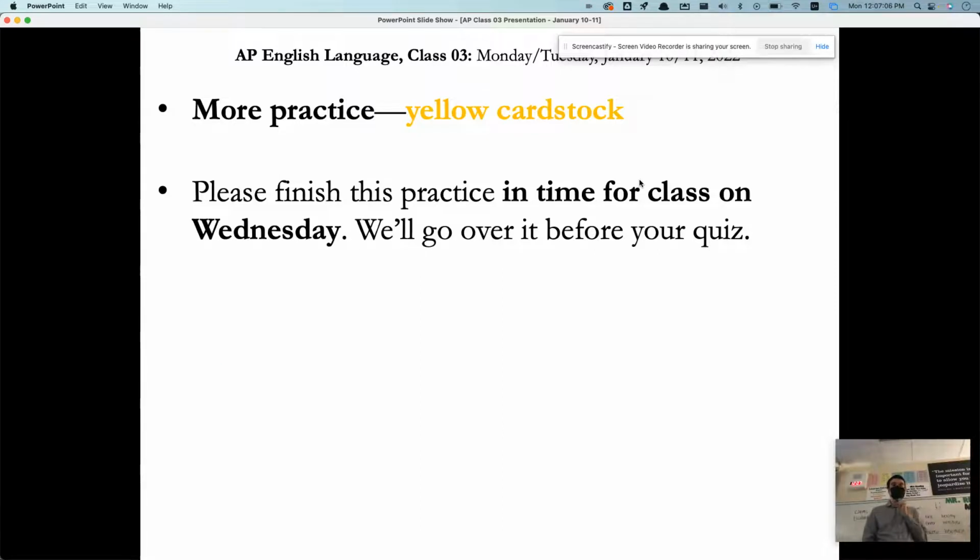Please grab the handout under the yellow cardstock. You got 14 minutes left in the period. That is your practice. I will ask you to have this ready for class by Wednesday.